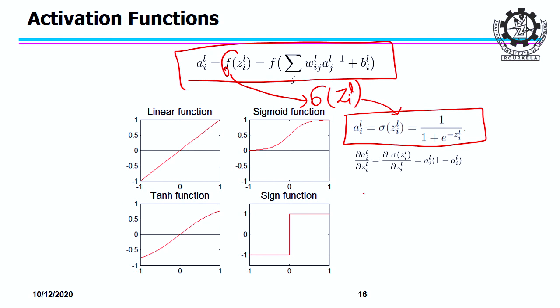I want to compute del a_i^L by del z_i. What is a_i^L? It is this function.